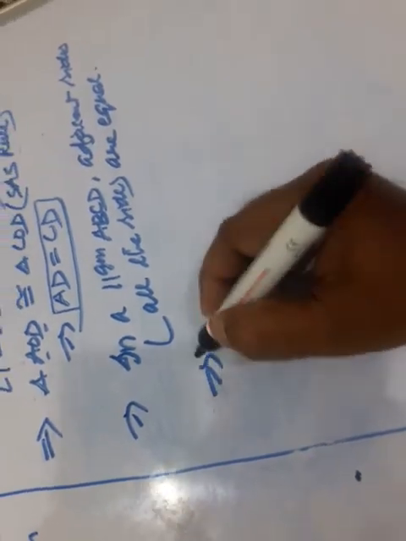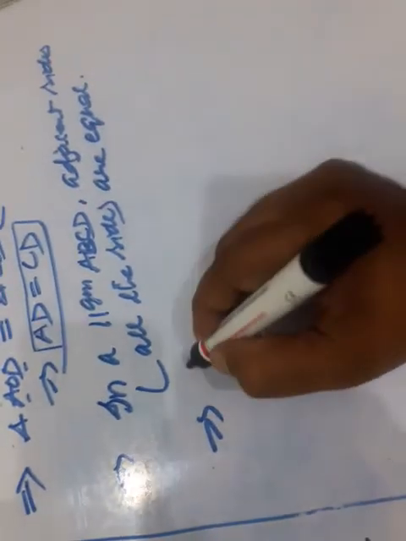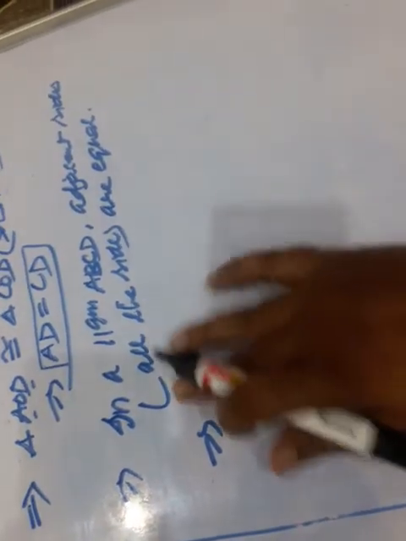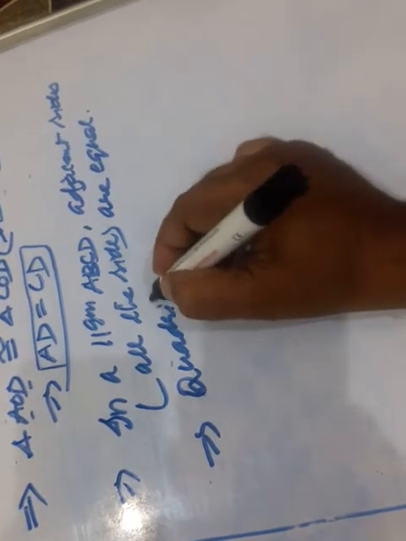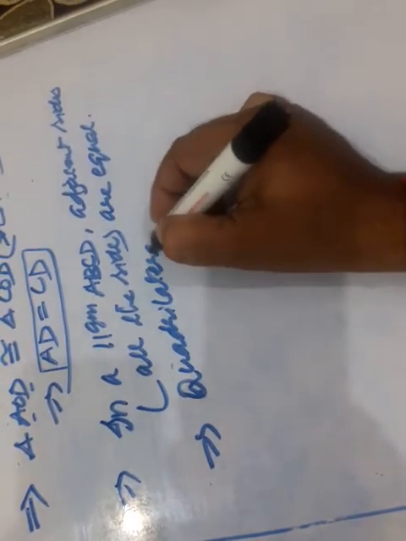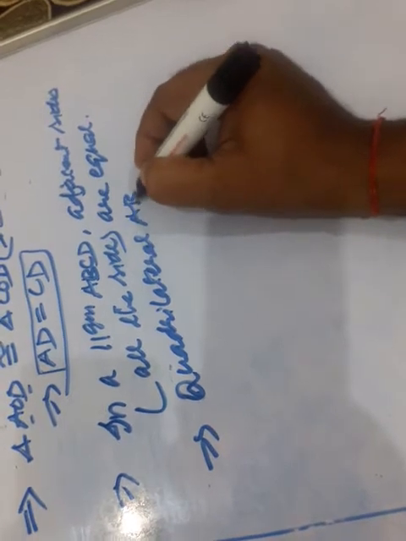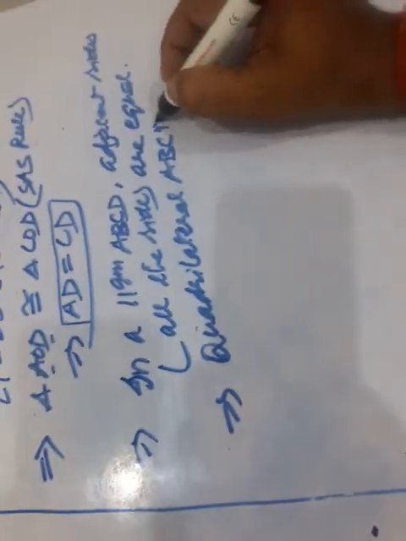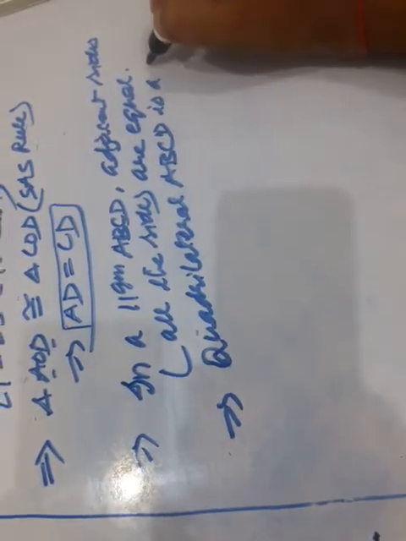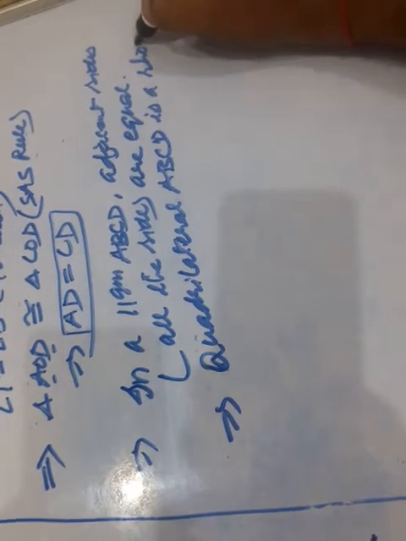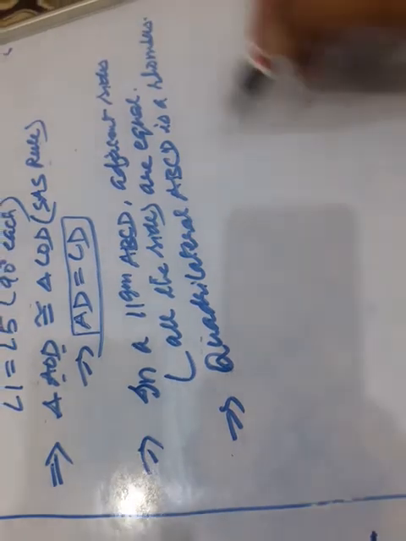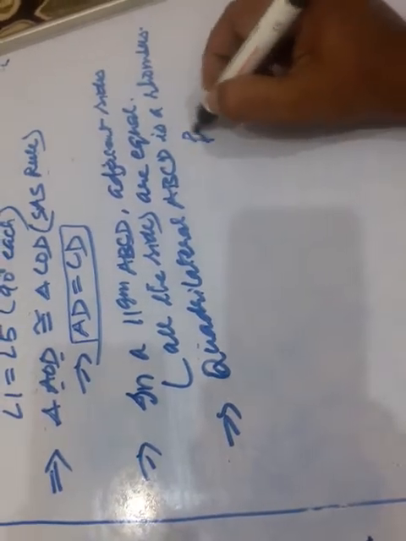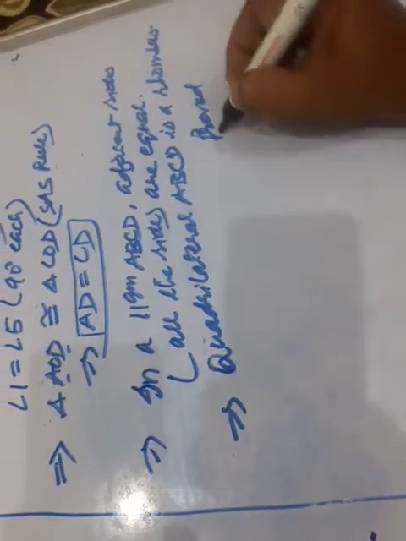This implies that quadrilateral ABCD is a rhombus, and that is what we have to prove.